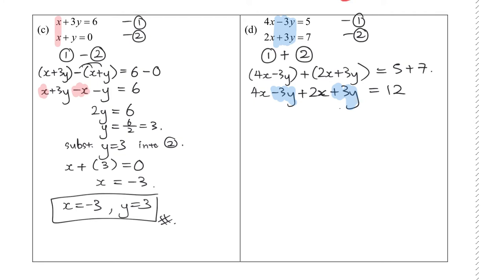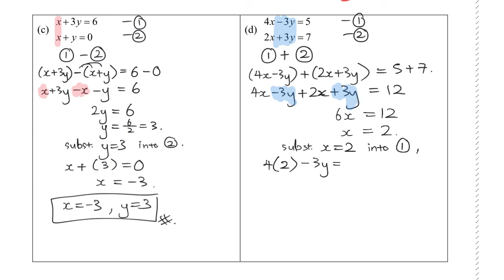Okay, continue with x. I'll get 6x equals 12, and therefore x is, very good, 12 over 6, which is 2. Now substitute x equals 2 back into either equation. Let's try number 1 and see what we get for y. 4 times x, which is now 2, minus 3y equals 5. 8 minus 3y equals 5.